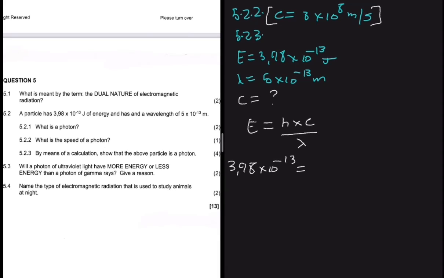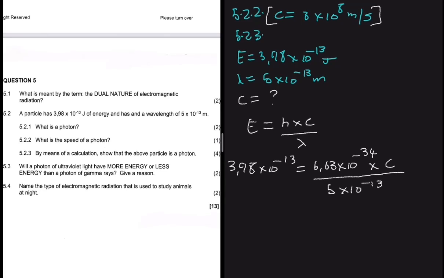And then what is Planck's constant? 6.63 times 10 to the minus 34. And then multiply by c, the speed of light, right? That's what we're looking for. We're trying to prove that it is equal to 3 times 10 to the power 8. If that is the case, then that particle is a photon, right? And then the wavelength, we have 5 times 10 to the minus 13, right?